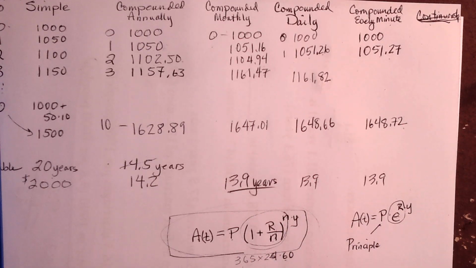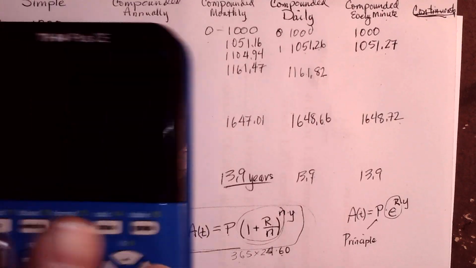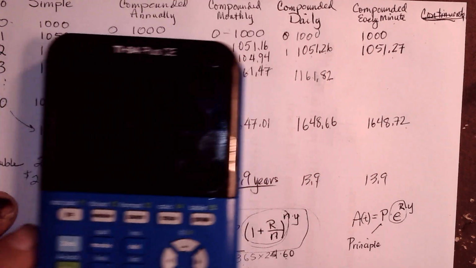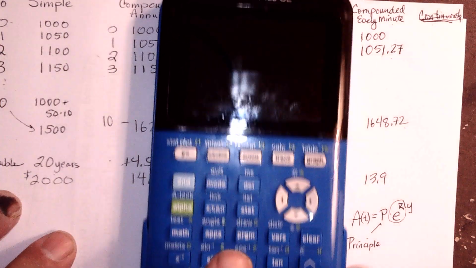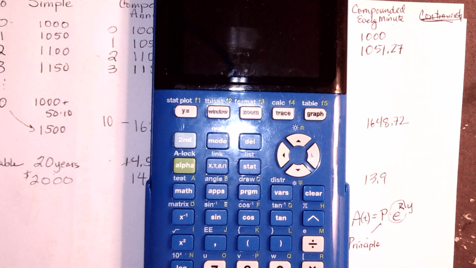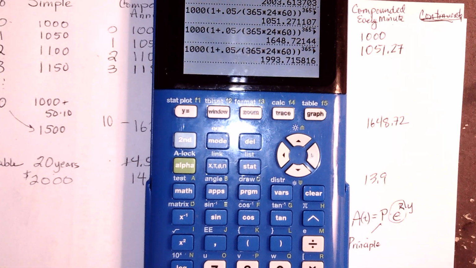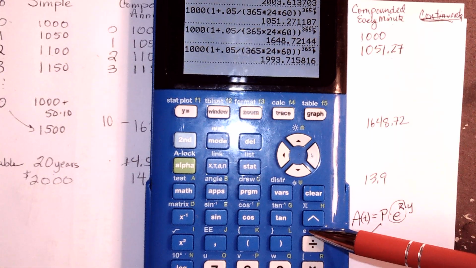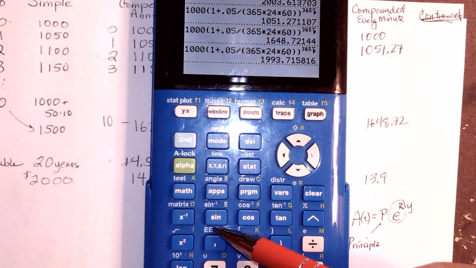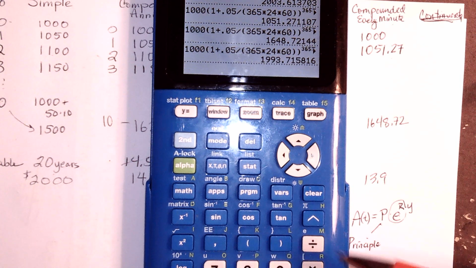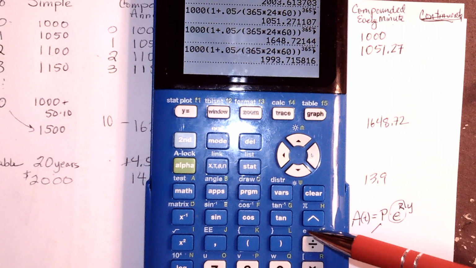So e is a special number that makes this happen. And on your calculator, either on your phone or any other place, there is e. Not this double e that we were using to do times 10 to that, but this e.